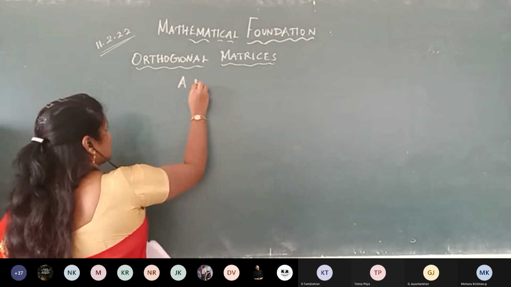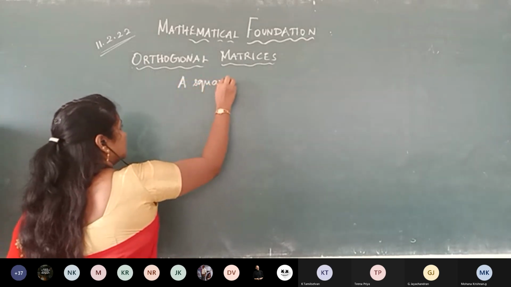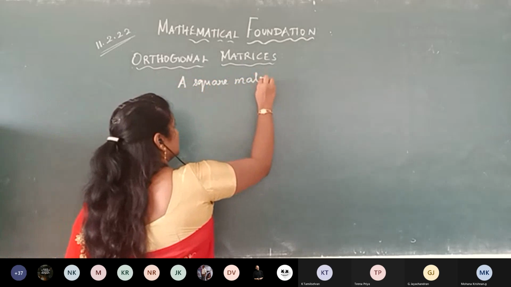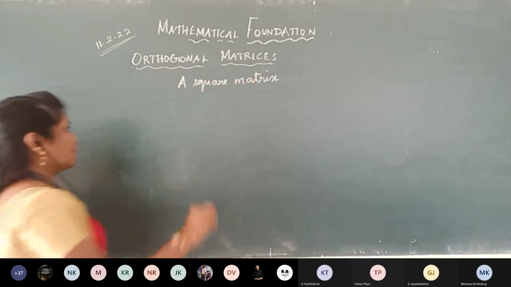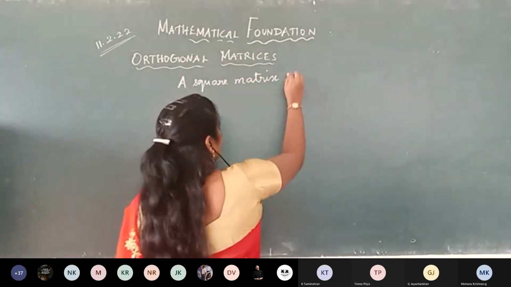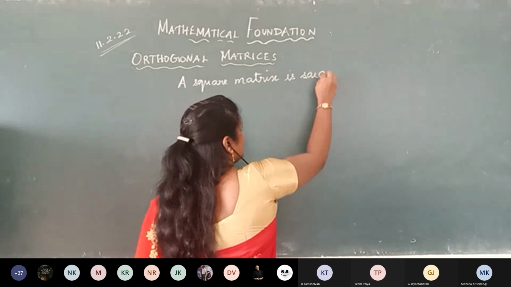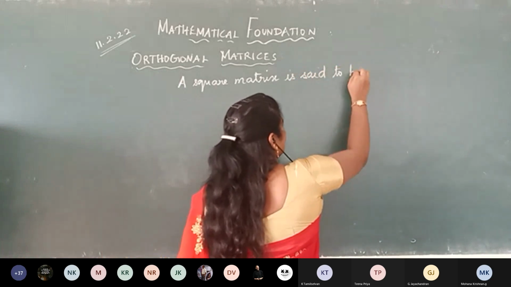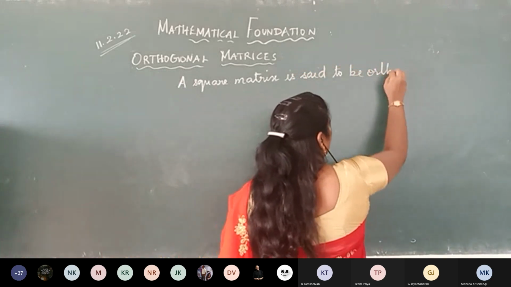A square matrix is said to be orthogonal. Does anyone know when it is orthogonal?